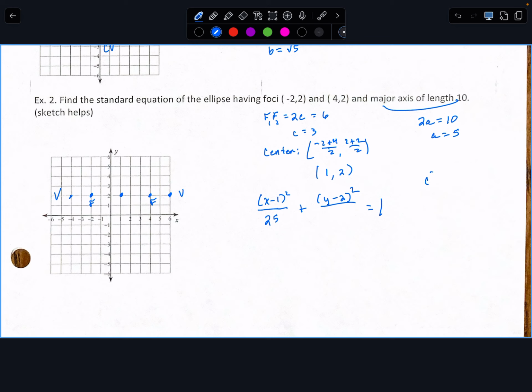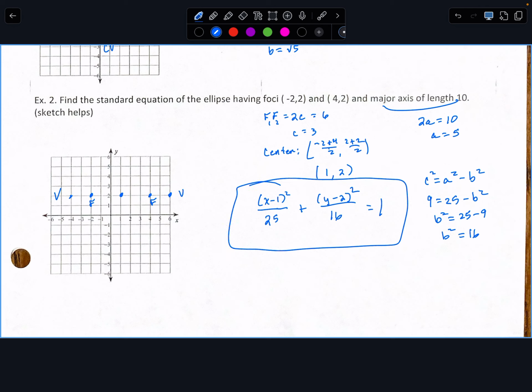Now, c squared is a squared minus b squared. And so c is 3, so c squared is 9. A squared is 25. And b squared then is 25 minus 9. And b squared is 16. And that's what I need. I actually don't need b.